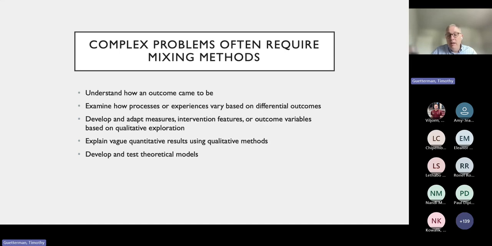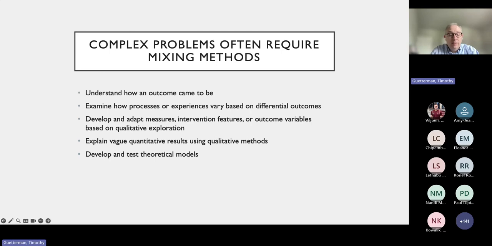Or maybe we have an educational test, and now we want to use it, I'll go back to the Republic of Georgia, we want to use it there. How do we need to adapt it or change it so that it's culturally relevant? Again, mixed methods could be a good use for that. Maybe it's to explain vague quantitative results using qualitative methods, or to develop and test theoretical models.